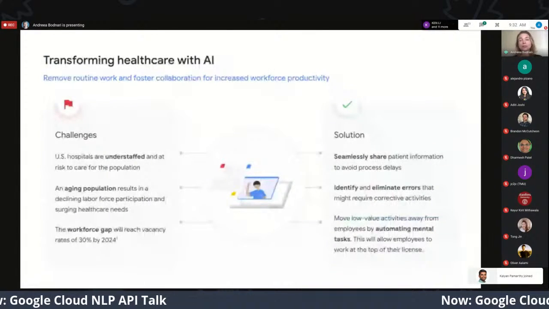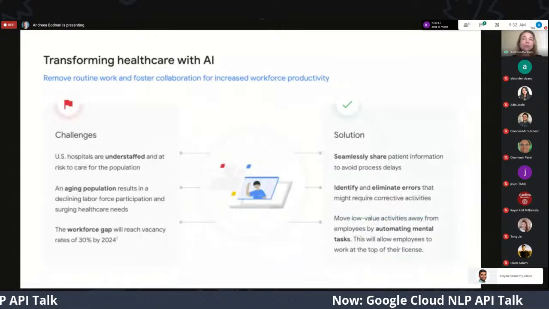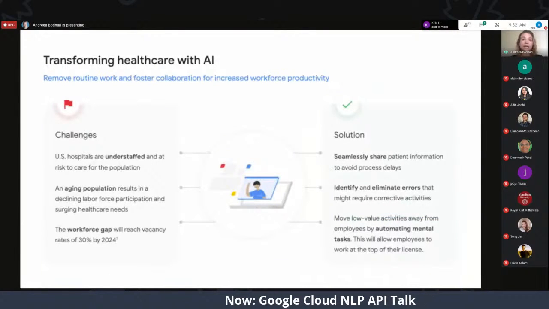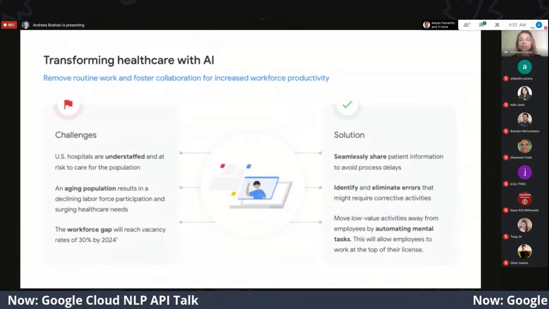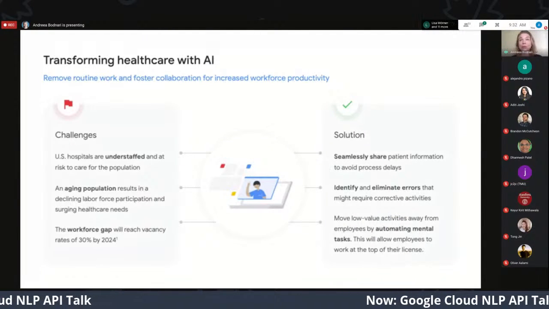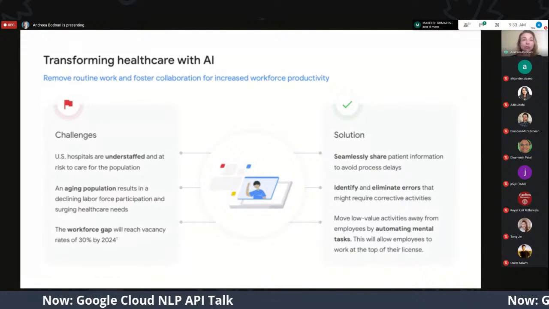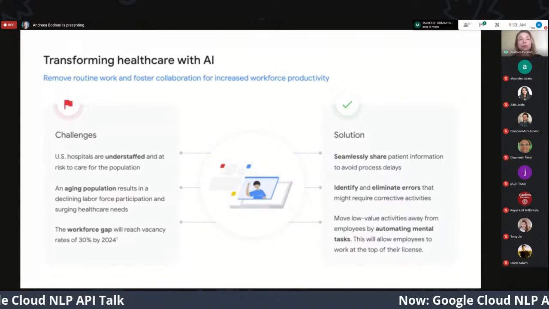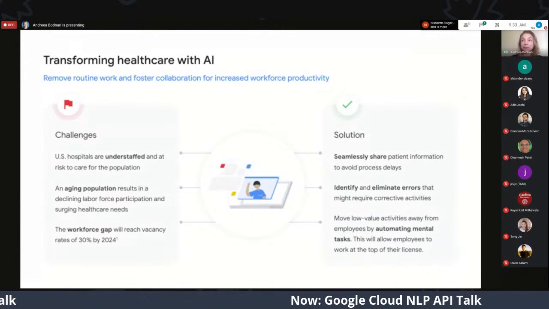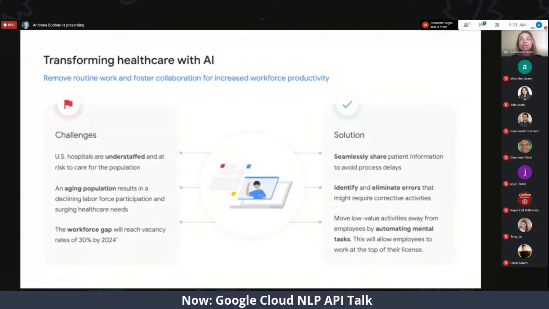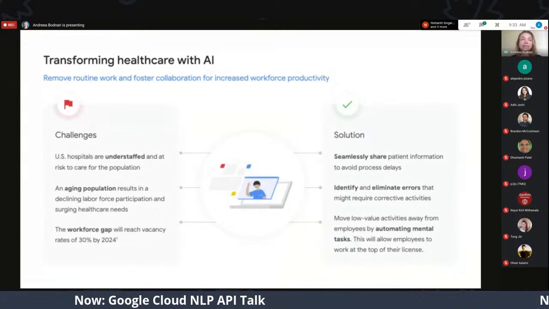The reason we started this work is that we did a scan of the industry and understood that there's a lot of routine work performed by humans, and that leads to burnout. Also, in America as well as globally, there's an aging population, resulting in declining labor force participation and a surging need for healthcare services.